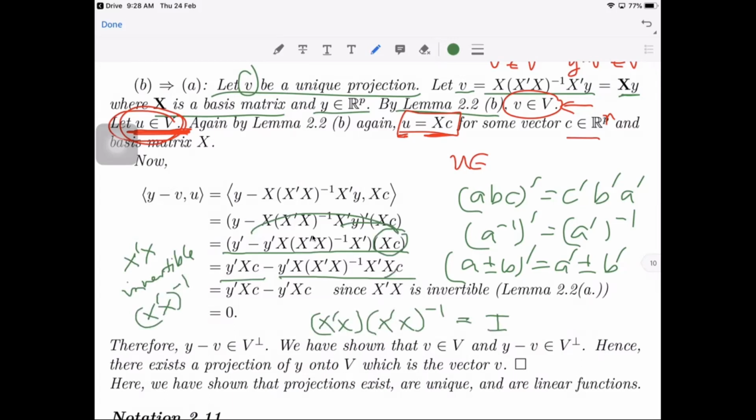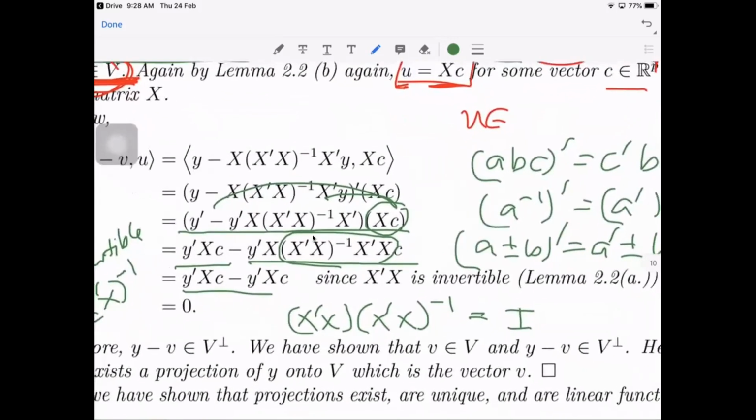So this part here is your identity matrix, which leads you to this equation. And that is 0. So what is the meaning of that?